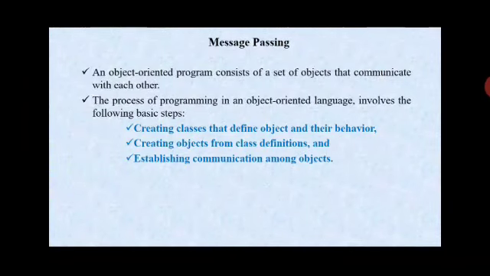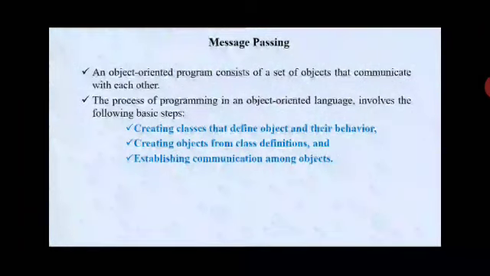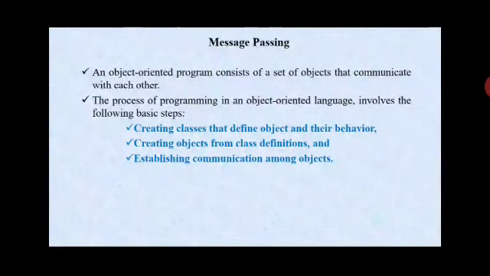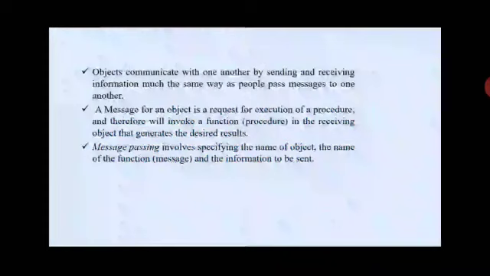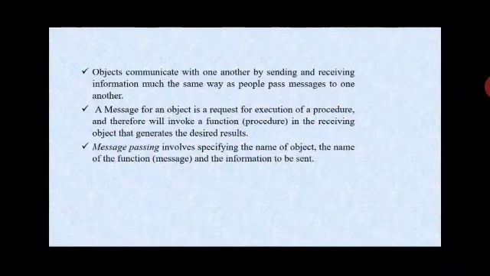Next we are going to see message passing. An object-oriented program consists of a set of objects that communicate with each other. There are three simple steps: creating classes, creating objects, and establishing communication among the objects. We will see them one by one.